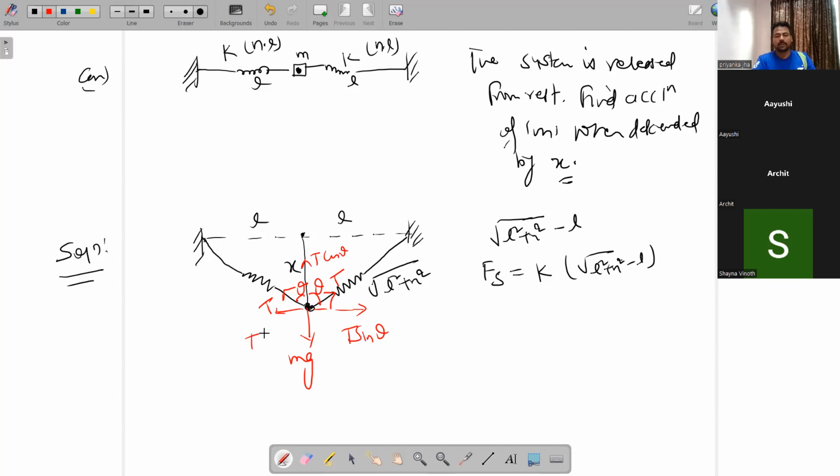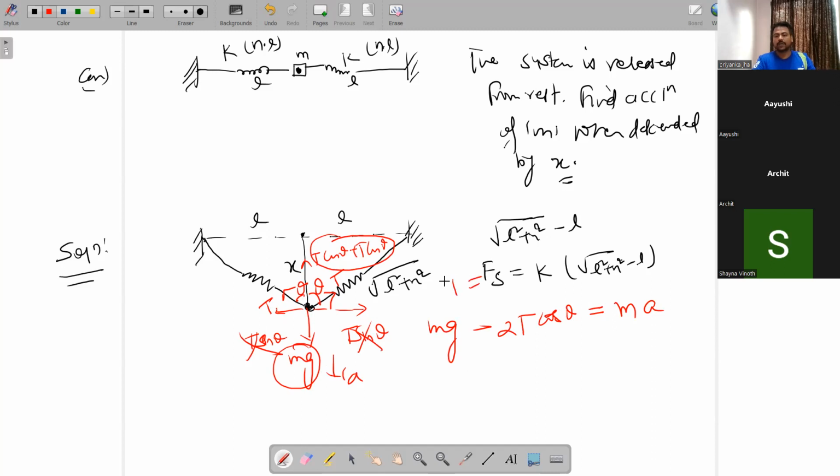Again, this will be t sin theta, and in upward direction this will be plus t cos theta. Now you can see that this will nullify this, and acceleration, it has a tendency to go down, right? So suppose mg is bigger, mg minus net force in vertical direction 2t cos theta equals mass into acceleration in downward direction. Now this is the spring force, that is your tension. Just put it here and get the answer.